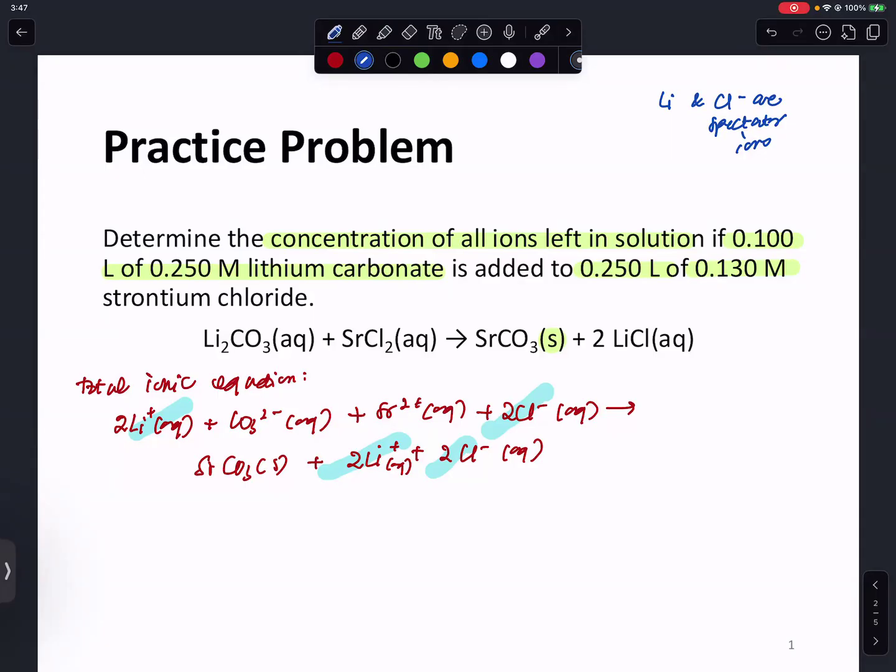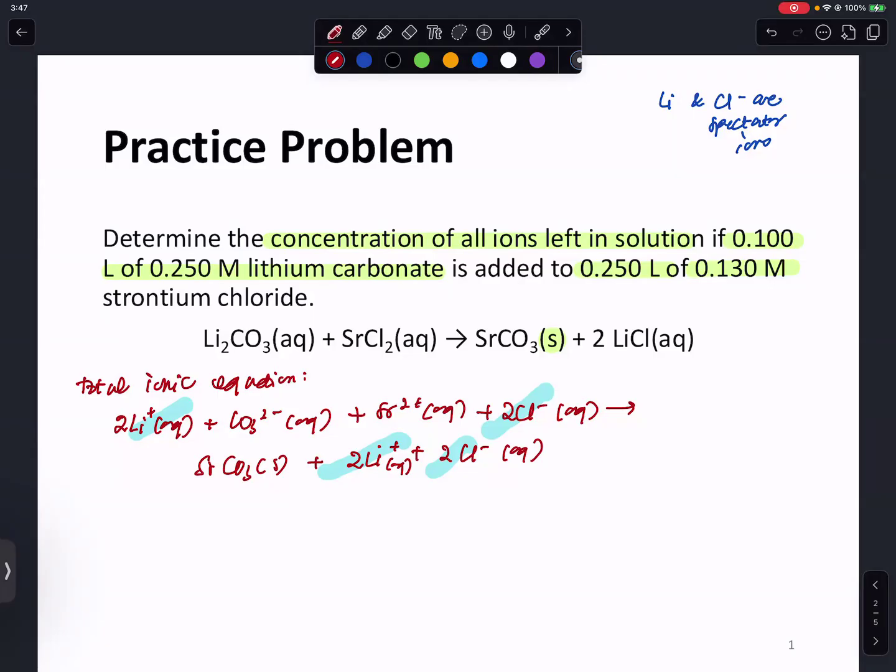And we need also to write the net ionic equation. From the net ionic equation, we will be able to determine the limiting and the excess reactant. The limiting reactant will not be present in solution because it's going to be consumed, so its concentration is going to be 0. And the excess, we will calculate as we've been calculating all along this chapter.